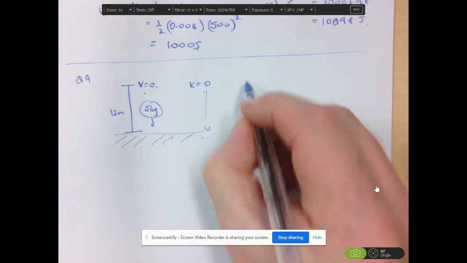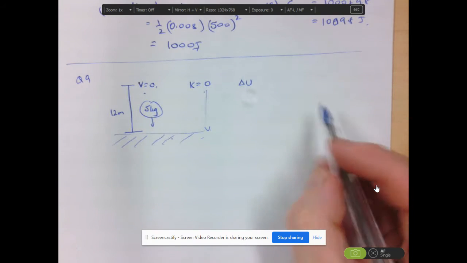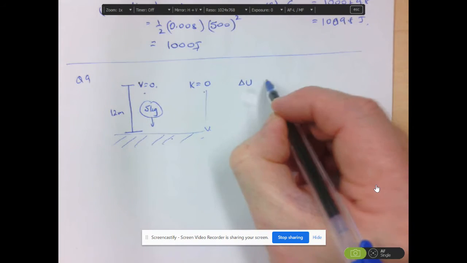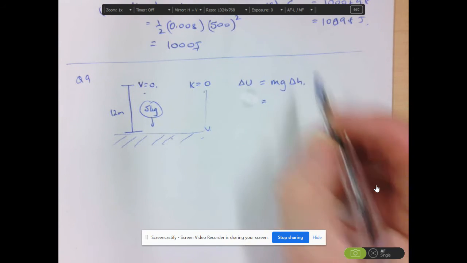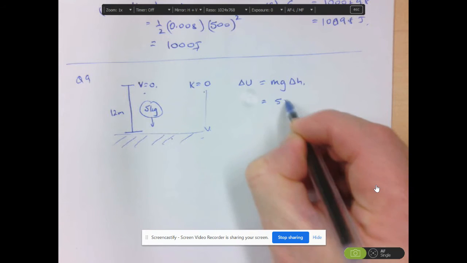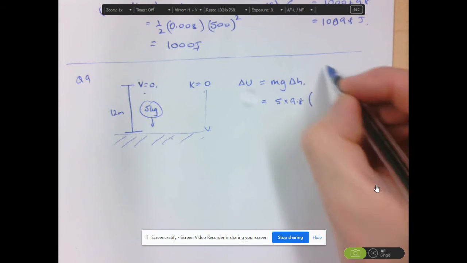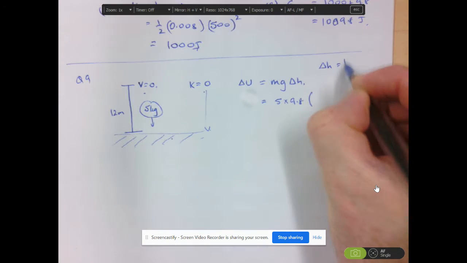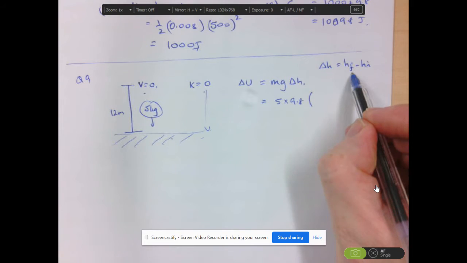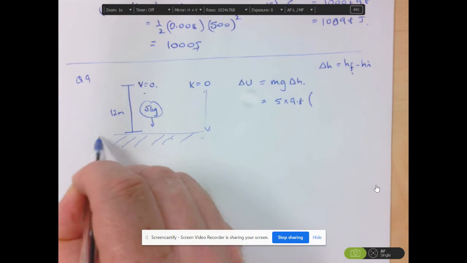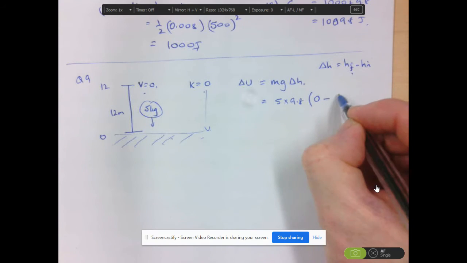That must come from the change in U. So the change in U would be mg delta H, and the mass is 5 times 9.8, and delta H would equal H final minus H initial, which is the floor, which we'll call 0, minus 12 meters. So it's 0 minus 12.